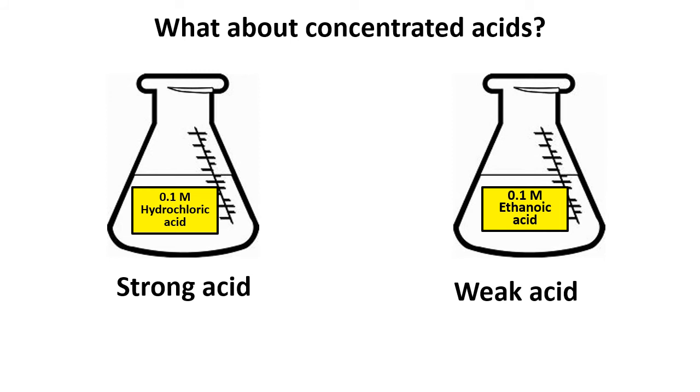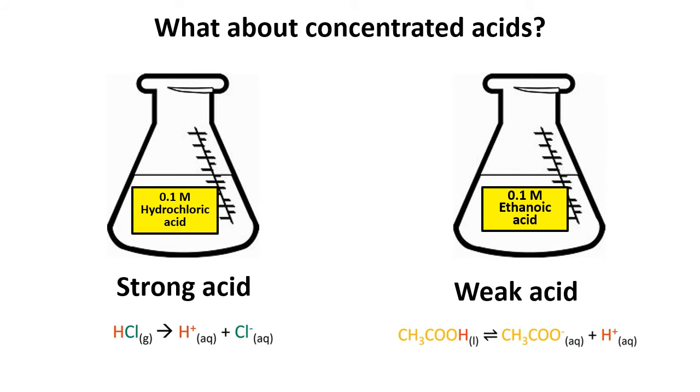Now they are the same concentration, but hydrochloric acid is strong and ethanoic acid is weak. Okay, and we know why they're strong and weak acids, but just be careful not to mix up the term strong with concentrated.